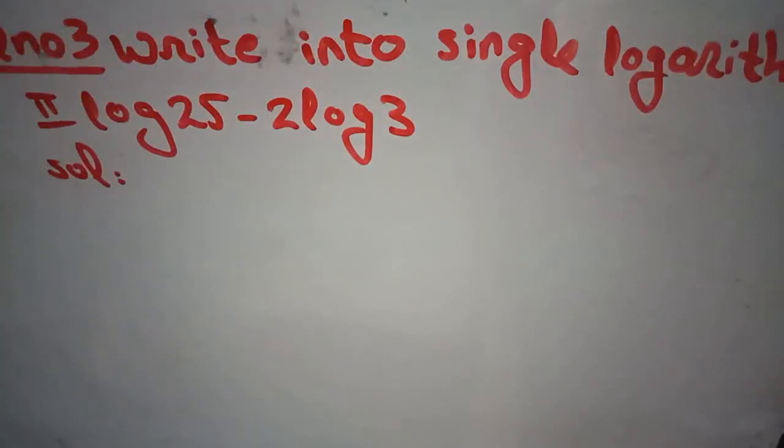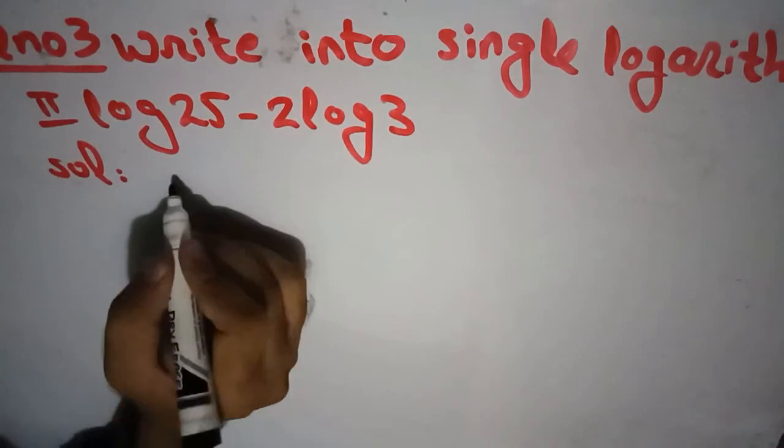In question number 3, similarly to question number 1, you will change the given part into a single logarithm. Like there is written log 25 minus 2 log 3. You will just change the form. How?